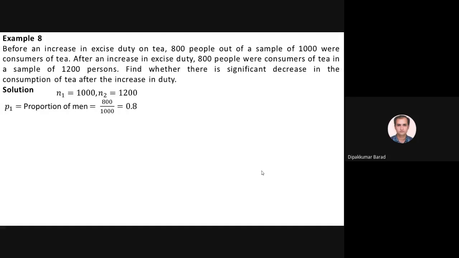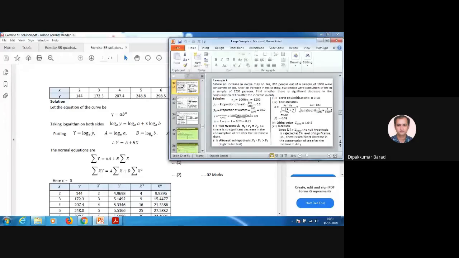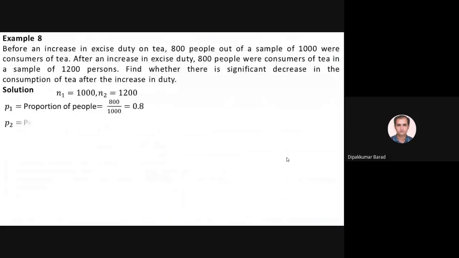Out of 1000 people, 800 are consumers of tea, so p1 is 0.8, and p2 is 800 out of 1200 who are consumers. Here we write people, not man and woman. So p1 is 0.8 and p2 is 0.67.